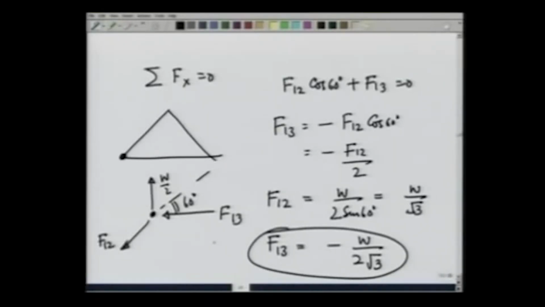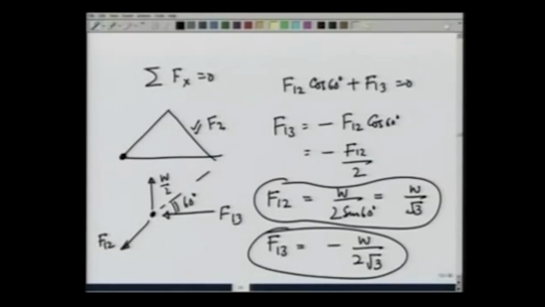I have found the forces on member 13. I have found the force on member 12. To find the force on the third member, that is F23, I have a choice. Either I can go to this point or this point and consider the equilibrium conditions there.